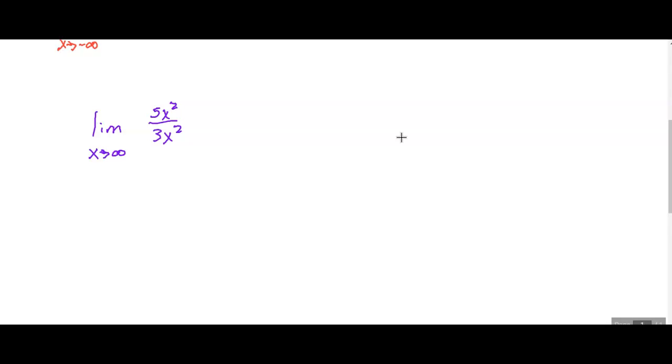Because we want to know what's happening as we get close to infinity. Well, if I look at the degrees, they're equal. So I know that this thing has a horizontal asymptote at y equals leading coefficient over leading coefficient. So the limit as x goes to infinity of this rational function is simply 5/3. And since it has a horizontal asymptote, the answer would be the same if we were going to negative infinity. This would just be 5/3.